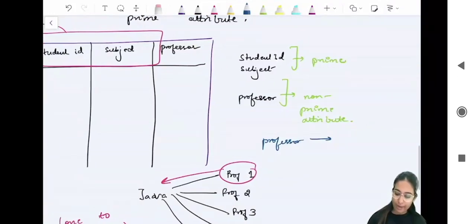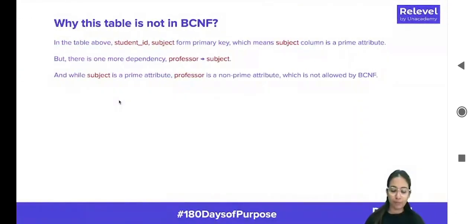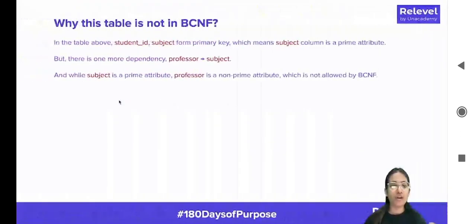is just dependent on the subject, correct? This is the kind of dependency that exists, that professor is dependent on subject. So professor is A and subject is B over here. While subject is a prime attribute, professor is a non-prime attribute.